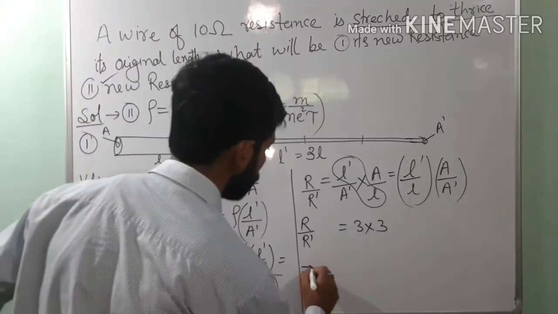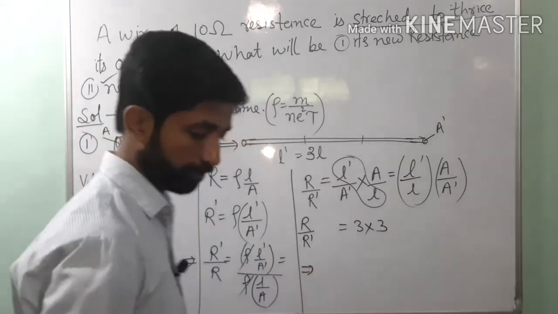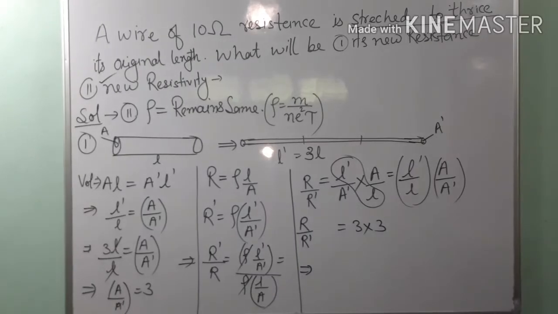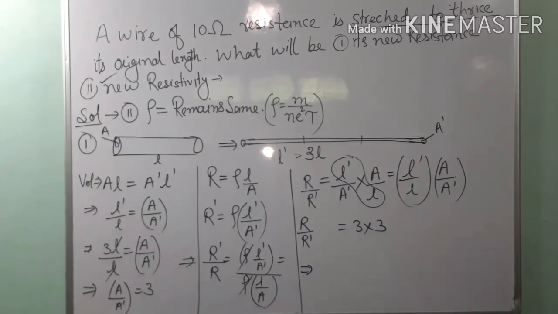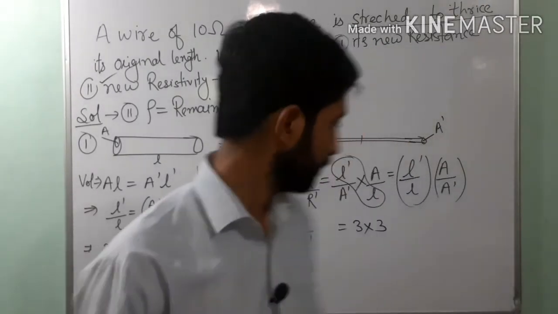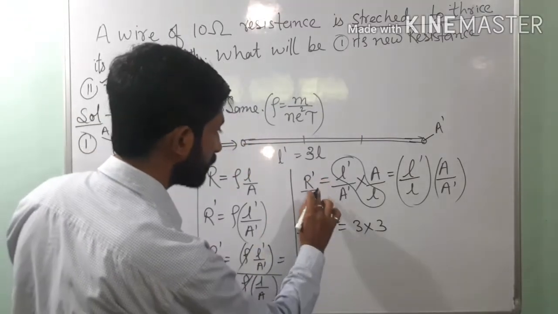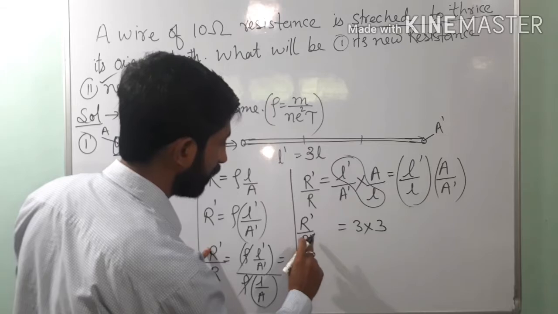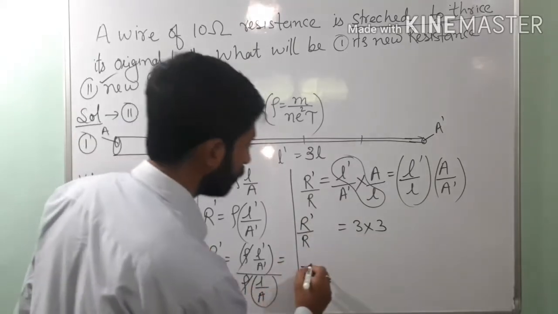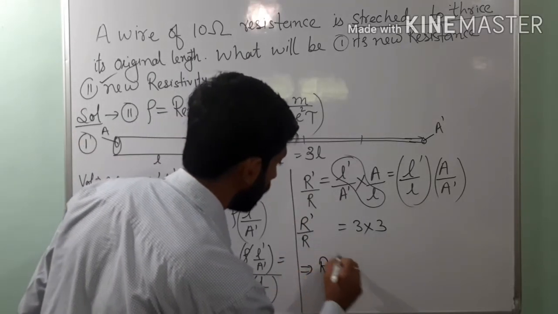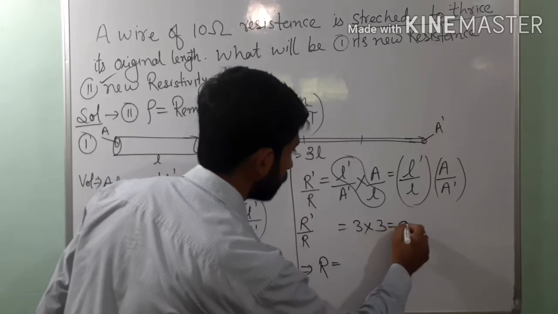This is R dash and this is R. So this is giving you R dash over R equals 3 into 3, this is becoming 9.